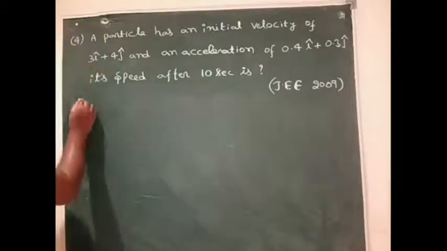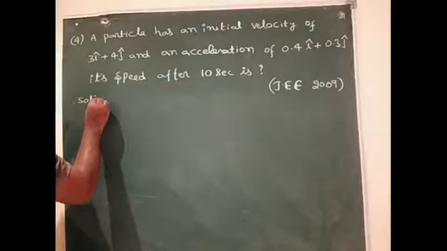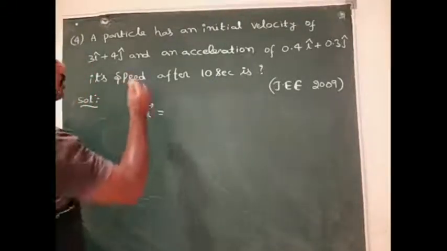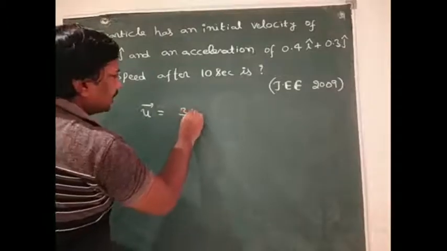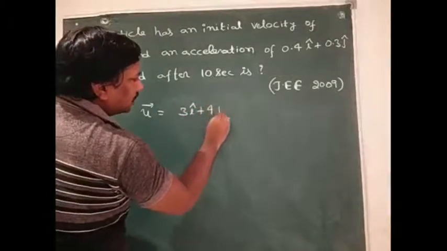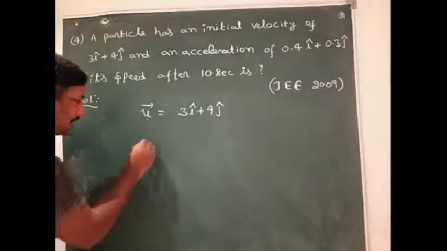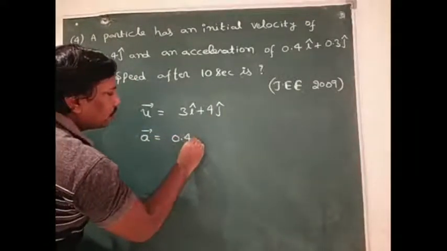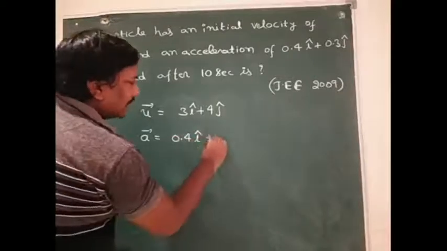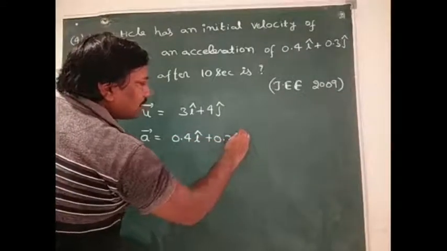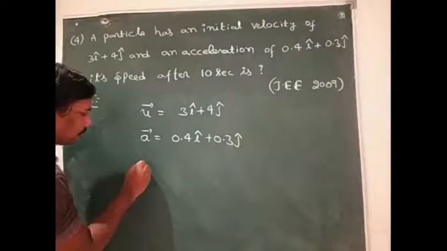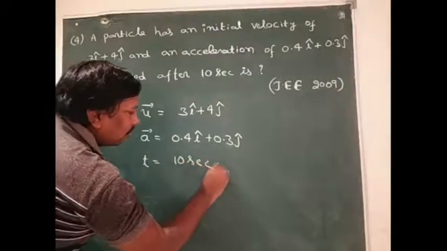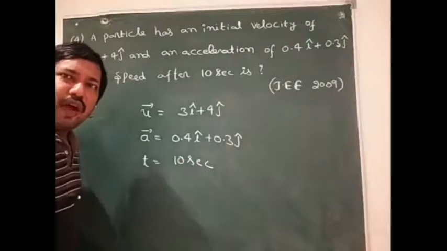Here in this problem, initial velocity u bar is 3i cap plus 4j cap, and acceleration a bar equals 0.4i cap plus 0.3j cap. Now time t equals 10 seconds. So we can find out the speed after 10 seconds.